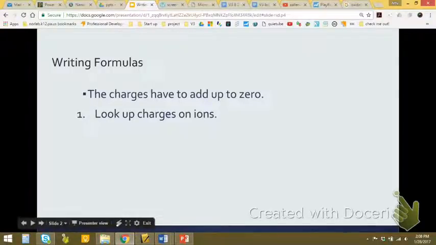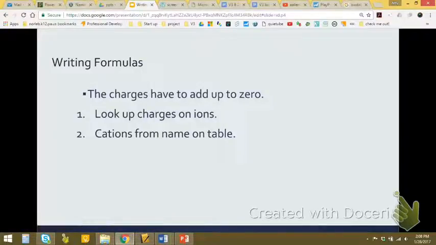So to do this, you look up the charges on any ions. These would simply be for ionically charged compounds, so ionic compounds, things that are bonded through ionic bonds. You'd have to find the charges on each ion. The cations come from the name on the periodic table. So these are the metals. These would be in groups 1 or 2.